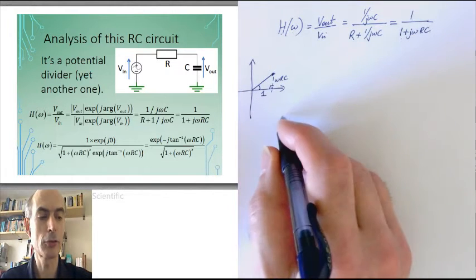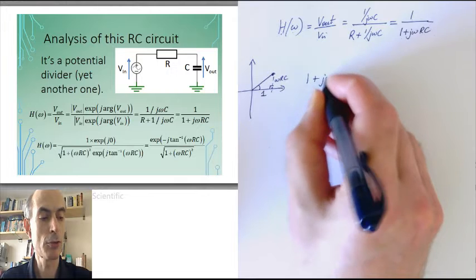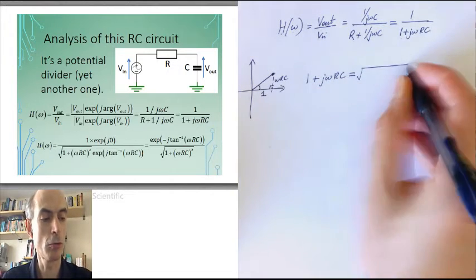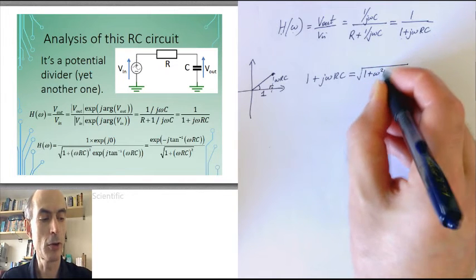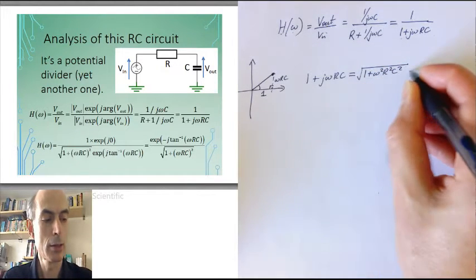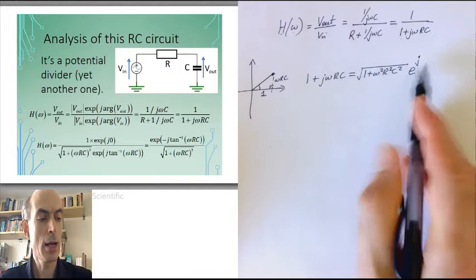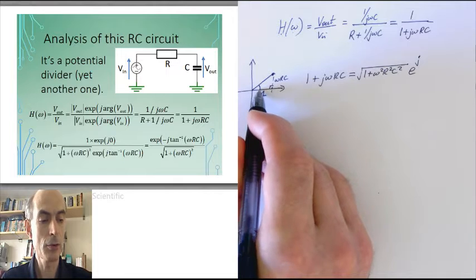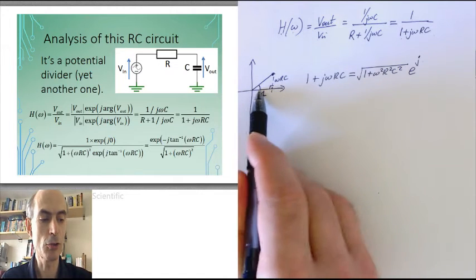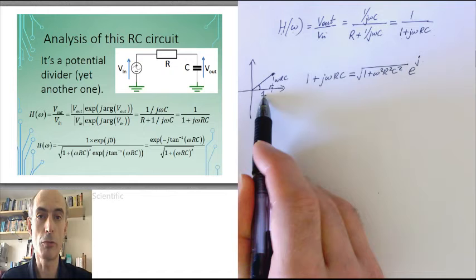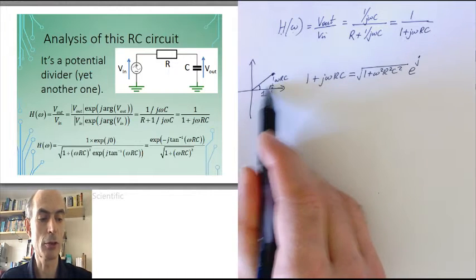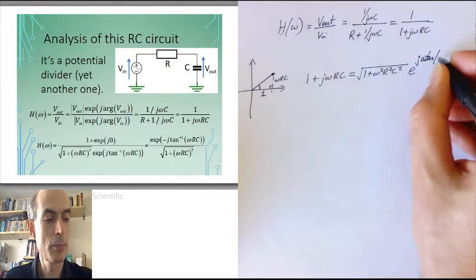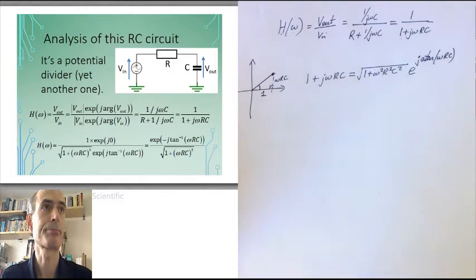So a good old Pythagoras would just tell me that the magnitude of this is the square root of 1 plus omega squared R squared C squared, times e to the j, and the phase angle of this is this angle here, and that angle is the arctangent of omega RC over 1, or just the arctangent of omega RC. I'll write that as atan omega RC.